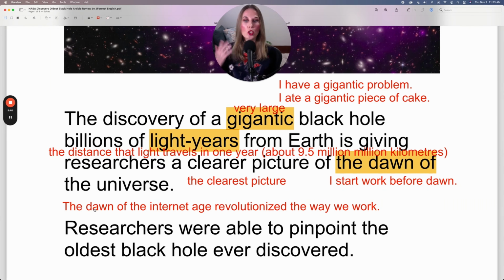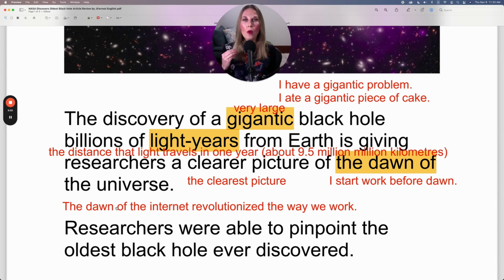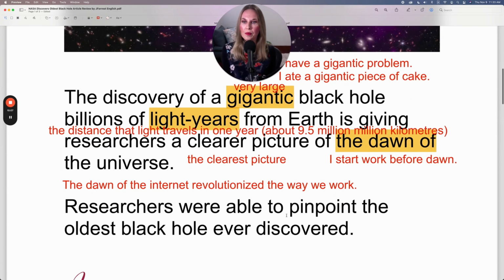So this is the start of the internet. So you don't even need age here. Age represents era, time reference. The dawn of the internet, the start of the internet, revolutionized the way we work. So it's just a more academic, a more literary, poetic way of saying the start of. But remember, we only use it for very important, significant events.